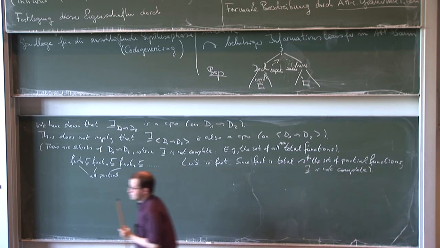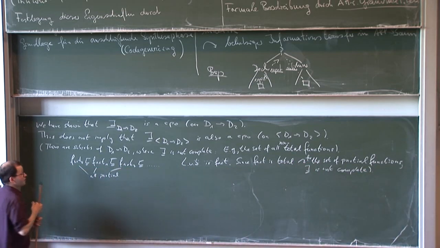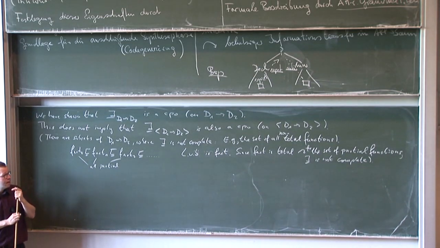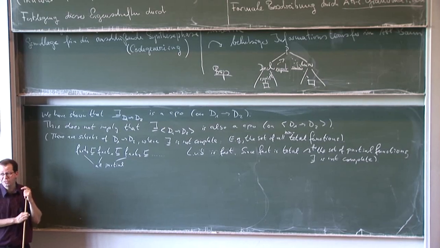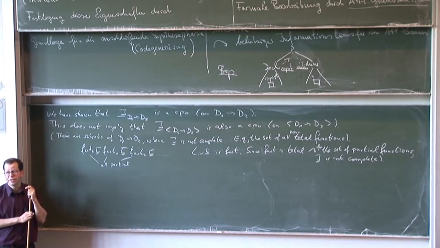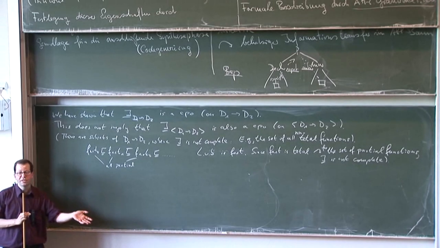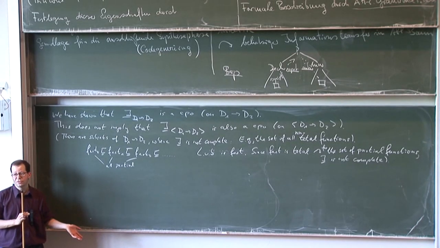So not every subset, if you take a set where less defined or equal is complete, that doesn't mean that it's also complete for all subsets. But for the subset of continuous functions, this is indeed true. So basically this means if you have a chain of continuous functions, then the least upper bound is also continuous.